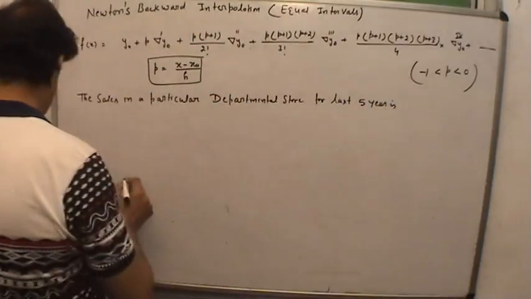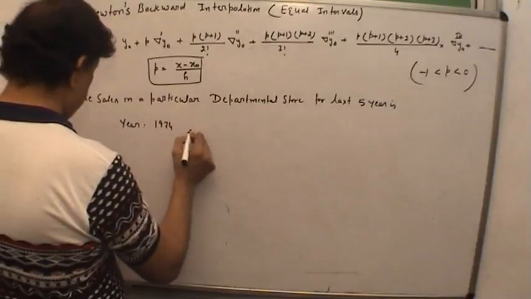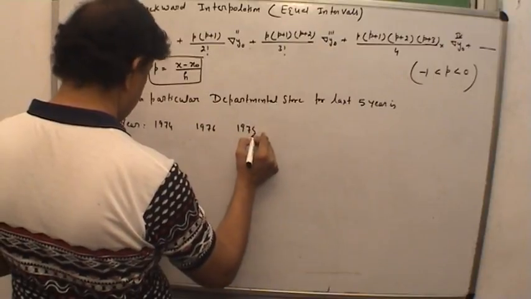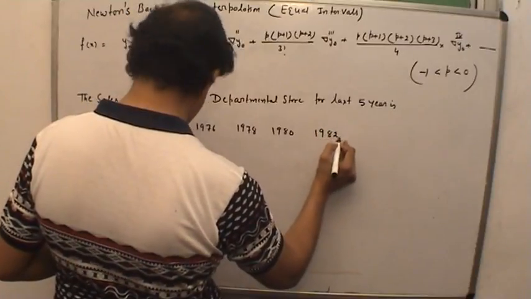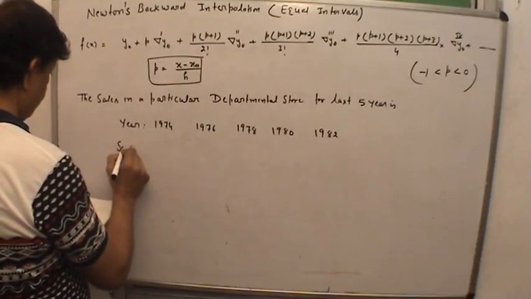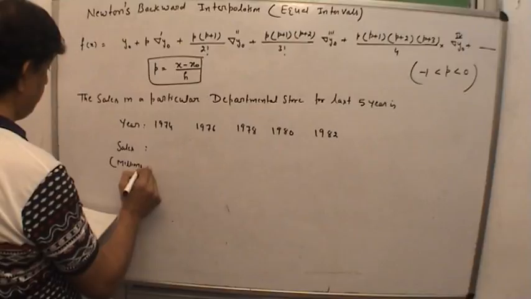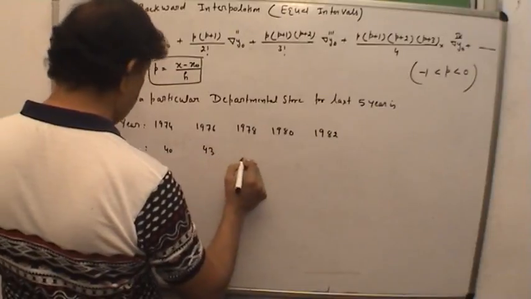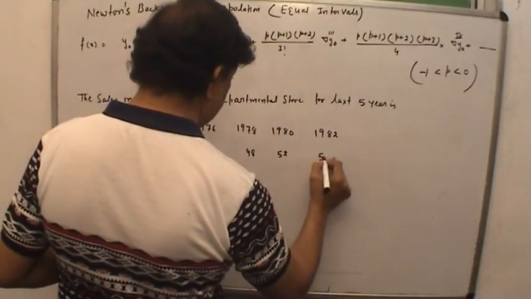The data is given by annual session: 1974, 1976, 1978, 1980, 1982, and then the sales in millions: 40, 43, 48, 52 and 57.